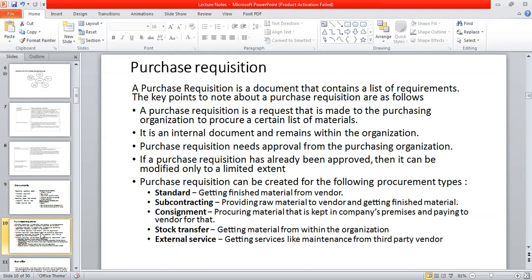Let's say the department is requesting an asset such as a motor vehicle. Usually, senior managers are required to approve such transactions.